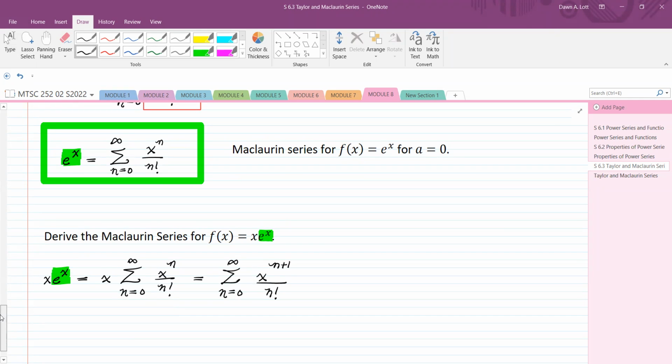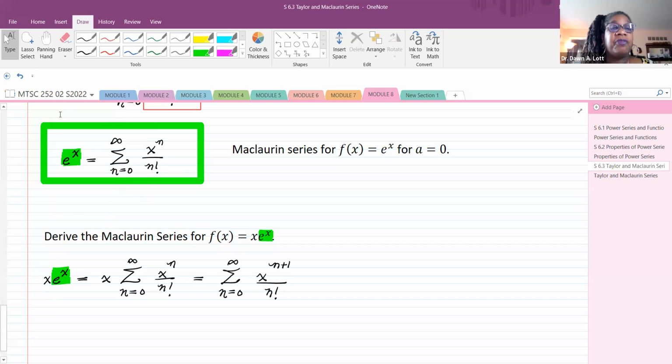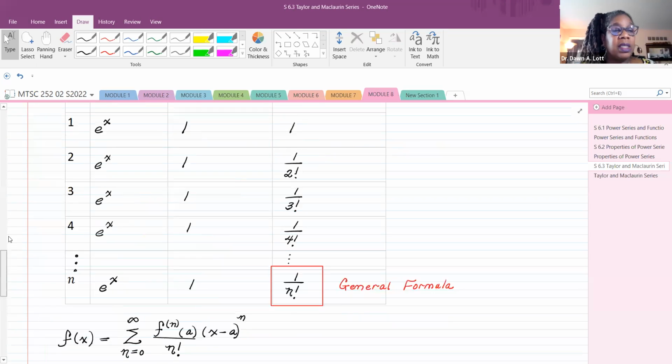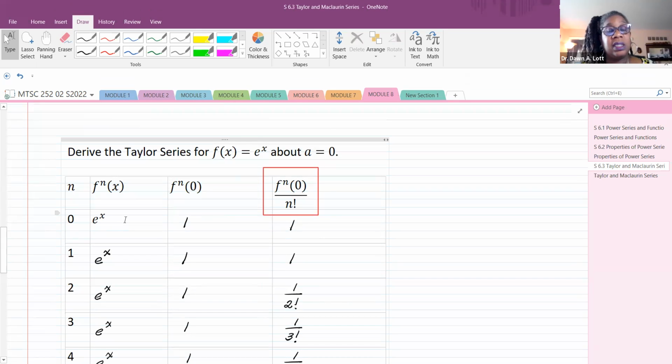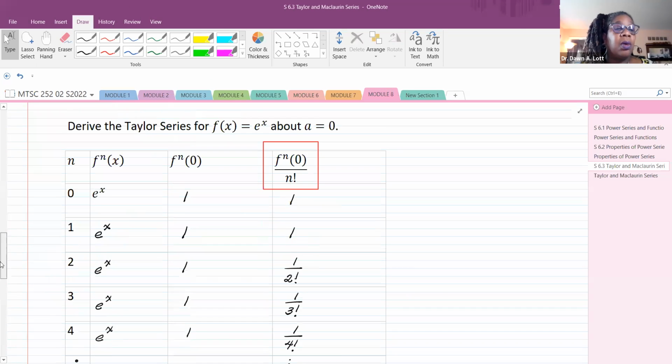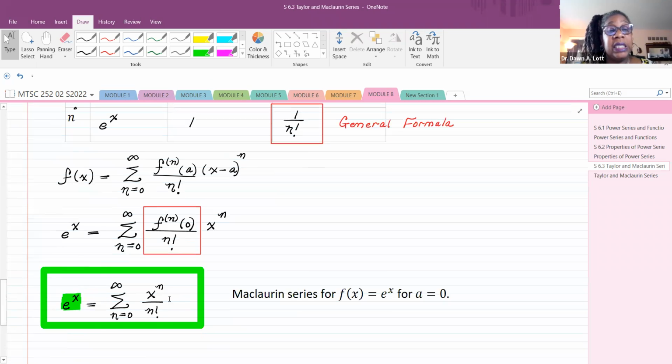Can you explain that again? Okay, so I knew the Maclaurin, I found the Maclaurin series for e to the x. Instead of going through the long process of starting with x e to the x and then taking a derivative and taking more derivatives, what I did was I said, let's keep what I already know.